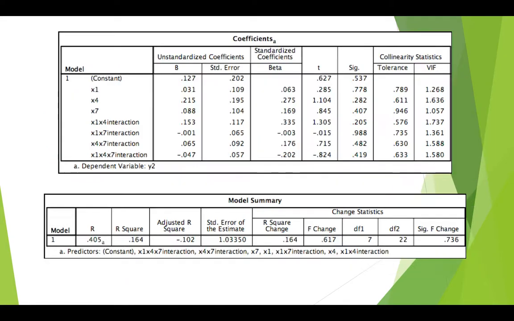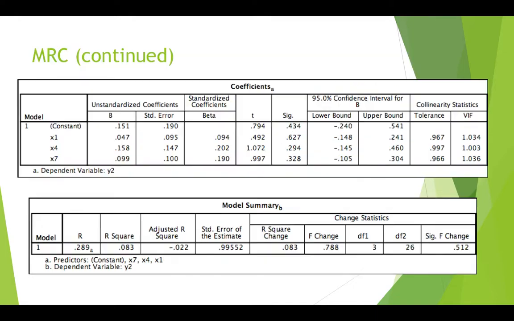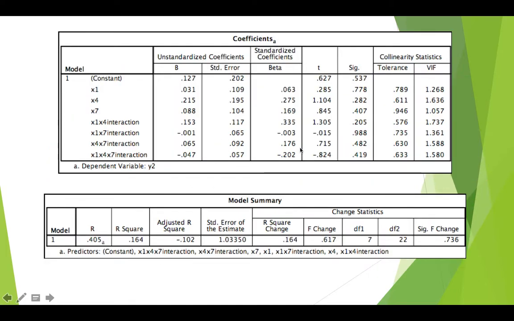Remember when I was talking about how I didn't do my interactions to begin with? Well, on this second one, I did run the MRC with my interactions, and you can see that there's a bit of a difference between the B's, the standard errors, the T's, and the significance values. They all about doubled, but still I didn't have any significance in any of them.